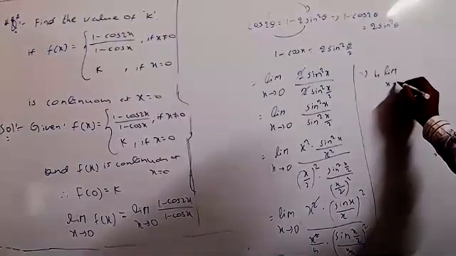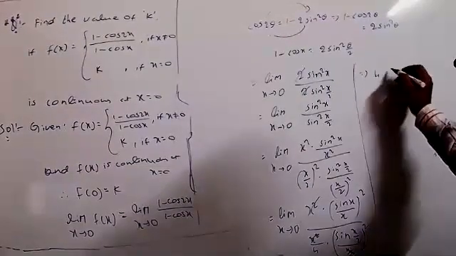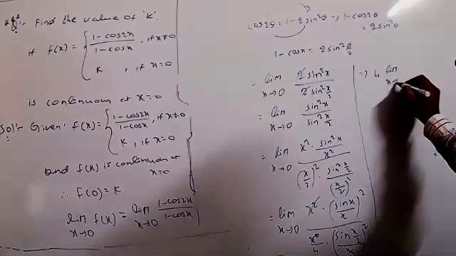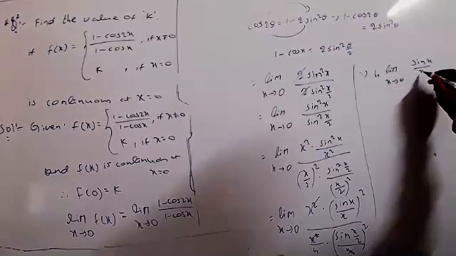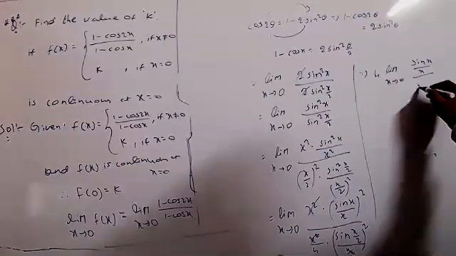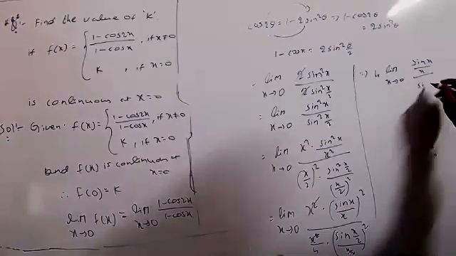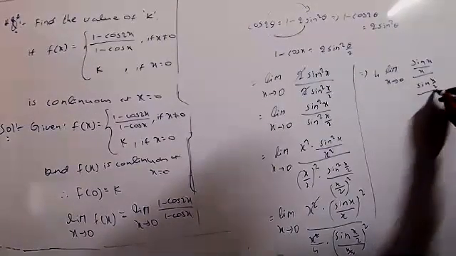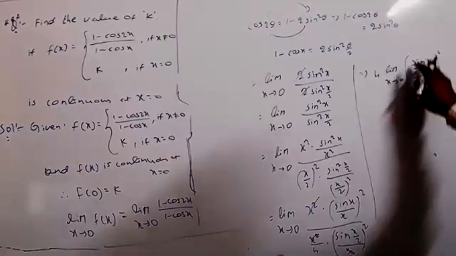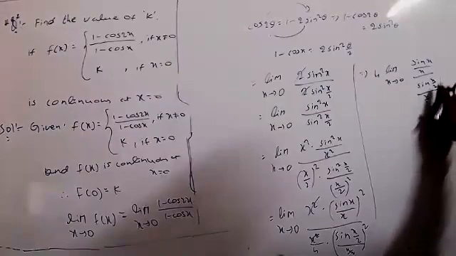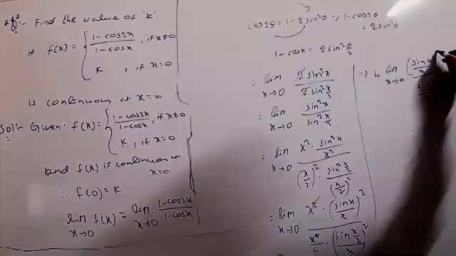limit x tends to 0, one is sin x by x whole square, whole by sin x by 2 by x by 2 whole square. This also you can take, no problem, or else if you want you can write separately, the whole square here and here also.